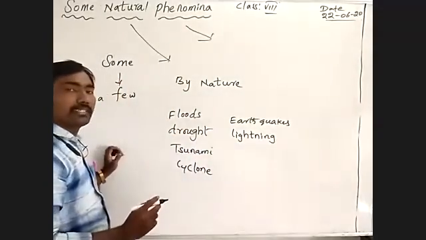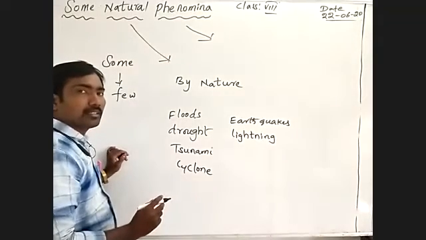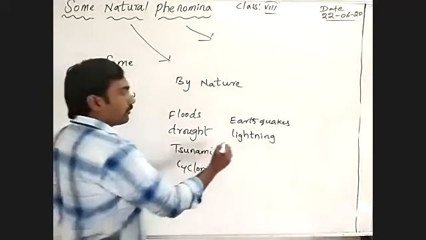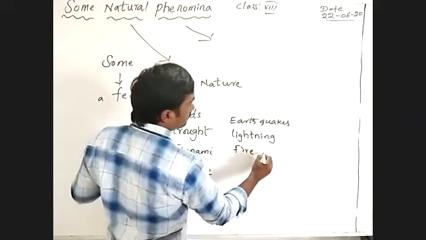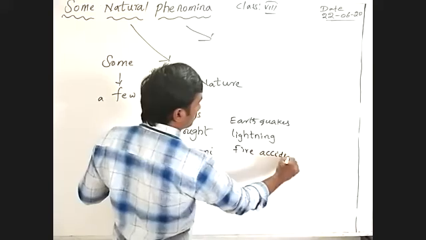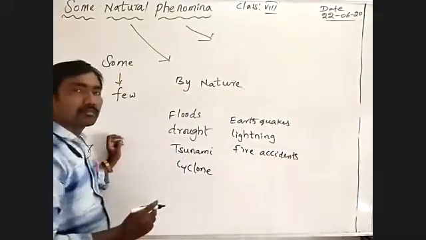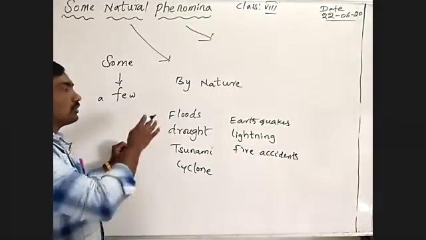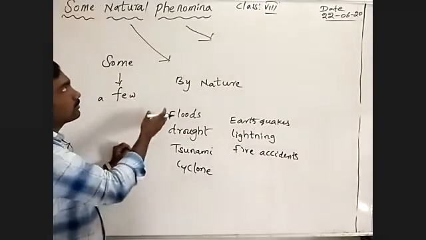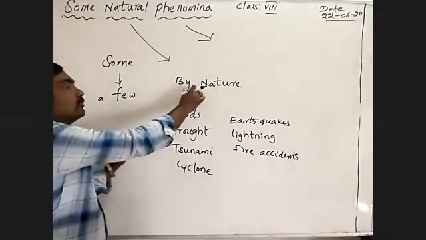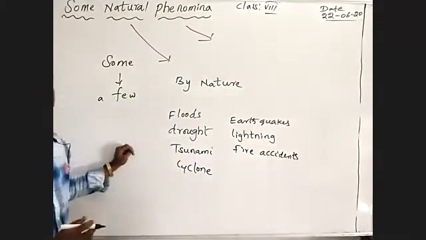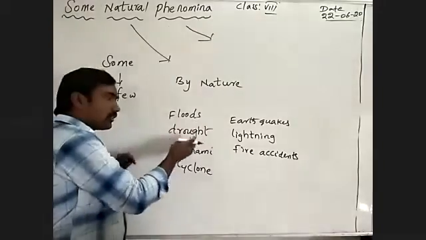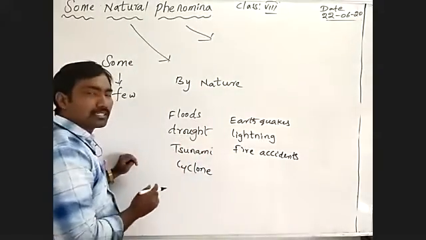Lightning. And fire accidents. See what I'm saying to you. So the process, the method, means the phenomena which are formed by nature. Those are just examples.